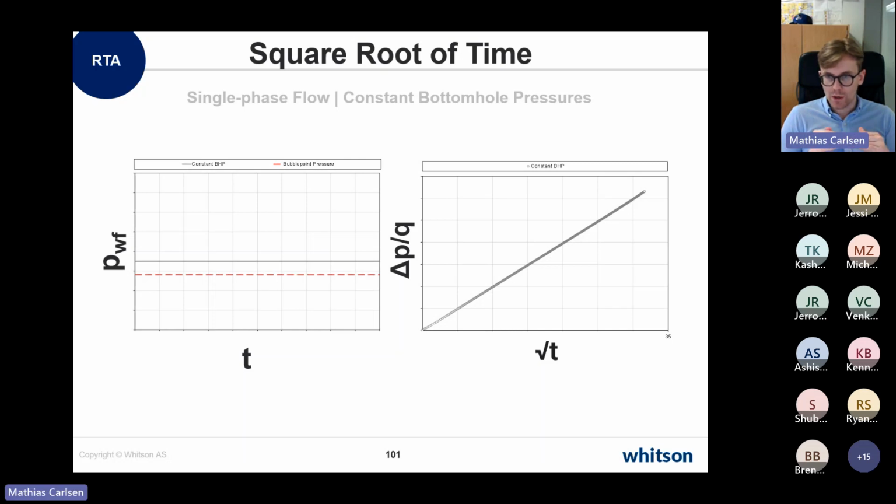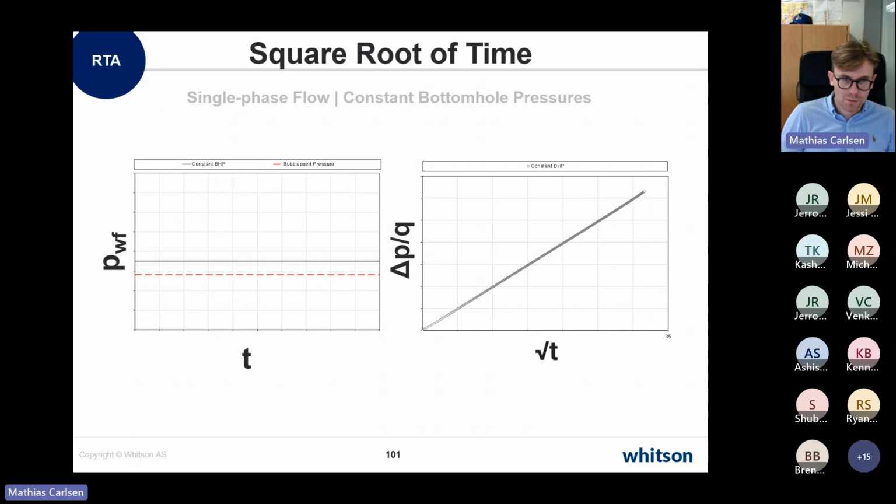And you know that you're in infinite acting linear flow, then this line on the square root of time plot should be linear. As long as you're in infinite acting linear flow, or transient flow, whatever we call it, infinite acting flow, this should give you a perfect straight line. Deviation from this line should give you boundary dominated flow. That's in an ideal scenario, and the plot captures that.